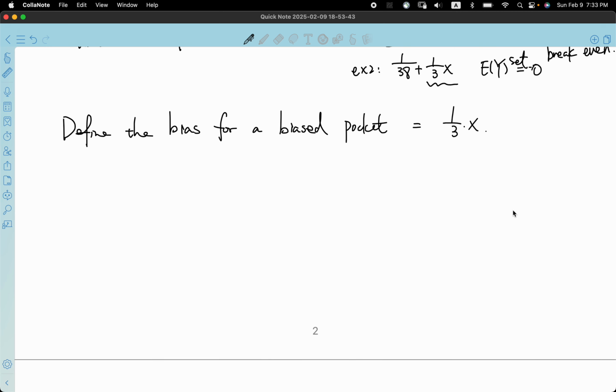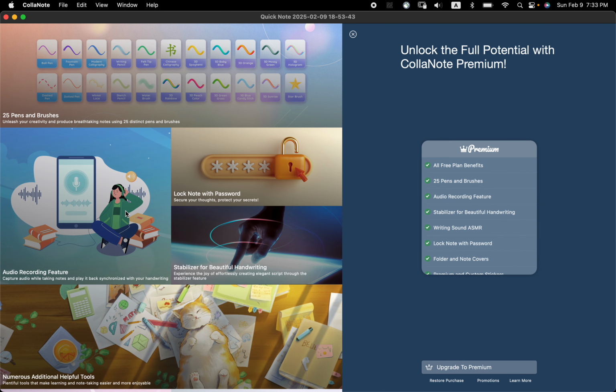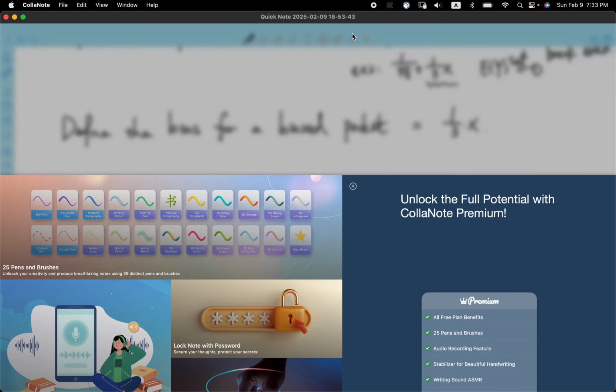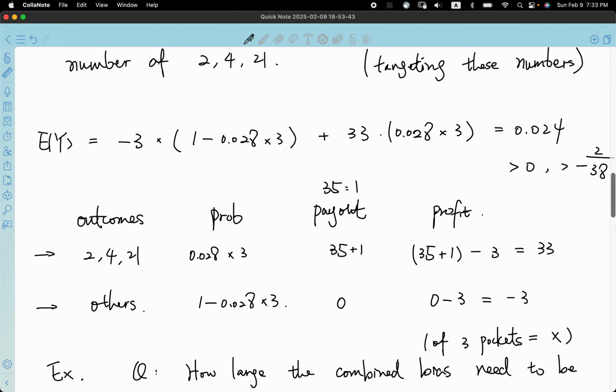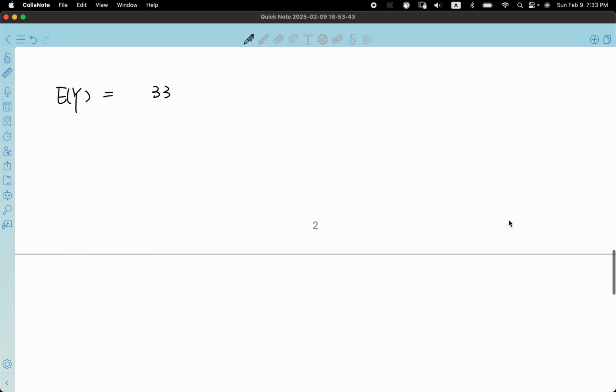So we can again set up the equation for the expected profit. The profit for the winning case is $33, and you can get it from this table, multiplied by the probability for getting the 3 numbers that are in favor of.